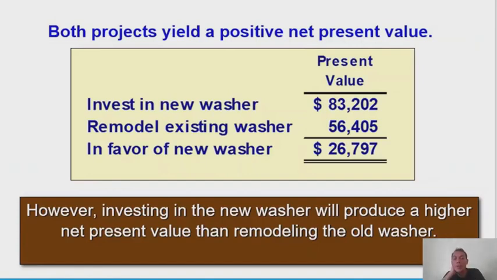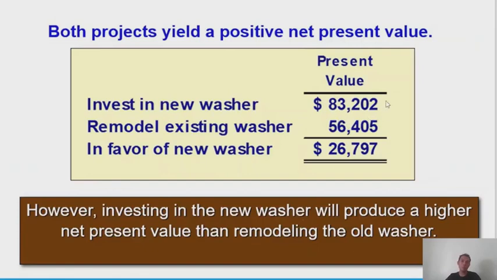Remodel existing washer. So, mas mataas yung present value ng project that you invest in the new washer kaysa sa present value ng inyong remodeled existing washer. So, yun ang diferensya ng present value nila.